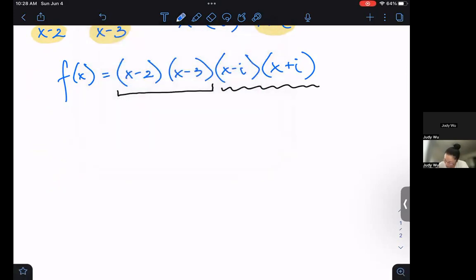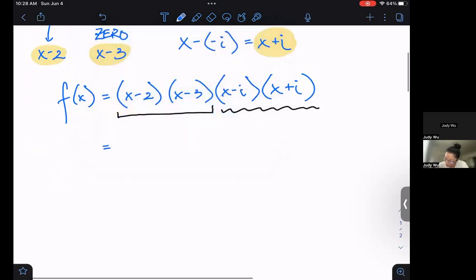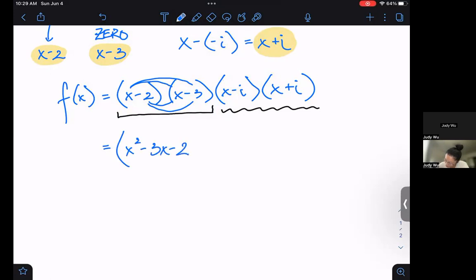And so when we do that, if we take the first two here and we think about FOILing, we have x times x is x squared, negative 3x minus 2x and a plus 6, all right? So I'll list that out as x squared minus 3x minus 2x plus 6.